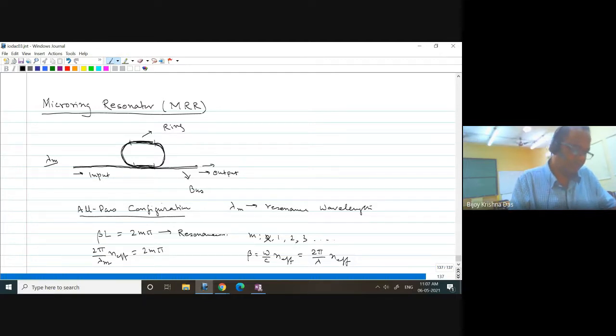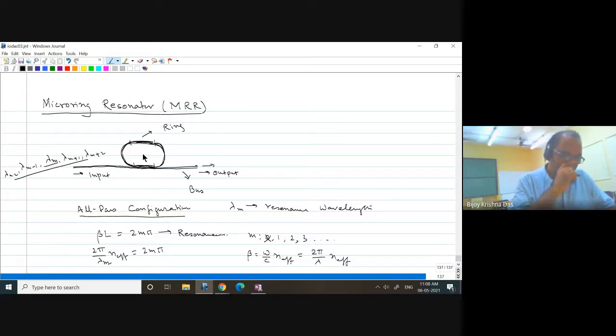Because it is resonant, it will be stored, right? So here I can say lambda m plus 1, lambda m plus 2, also lambda m minus 1, lambda m minus 2. Depending on the different order of resonance, the corresponding lambda, having electromagnetic waves with resonant wavelengths, will all be stored, right?